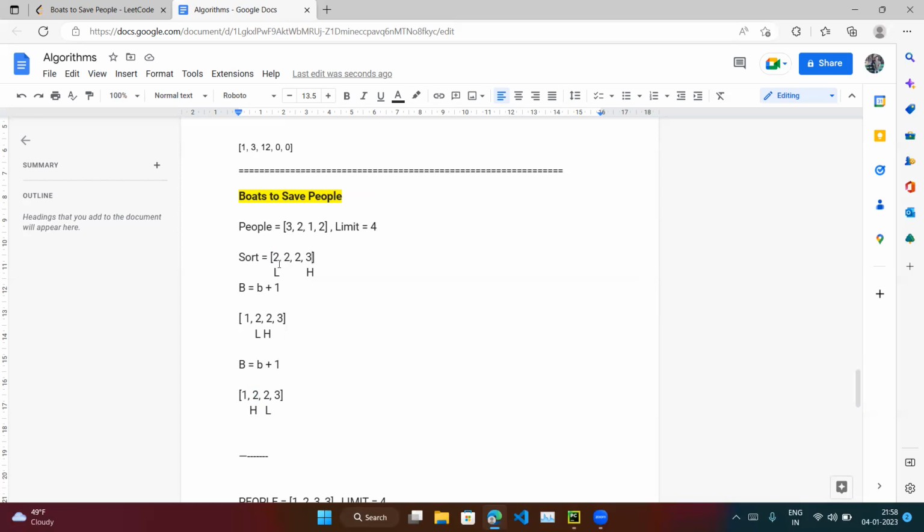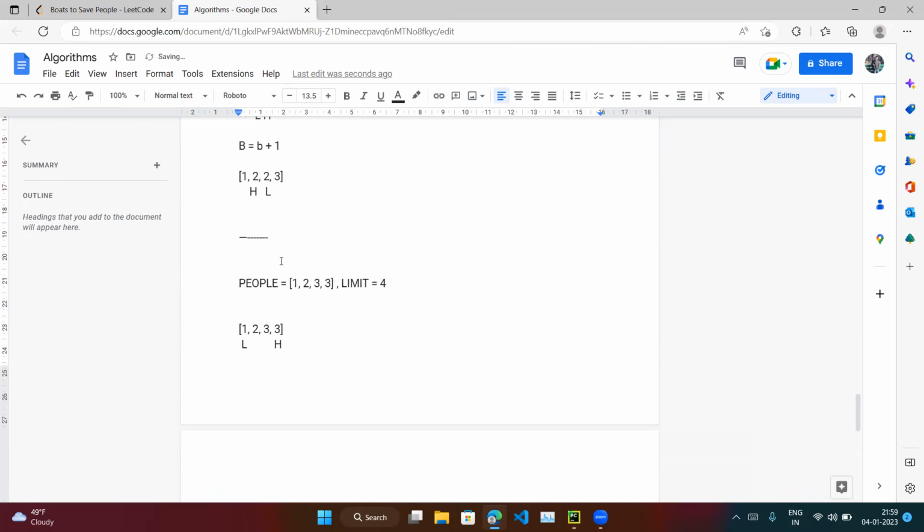So we can't move the left pointer; we have to move the right pointer, and we will increase the boat counter, because the maximum person cannot adjust with the minimum person. So the maximum person will travel alone. We will decrease only the right pointer, and we are not going to increase our left pointer. So this is also one of the conditions.